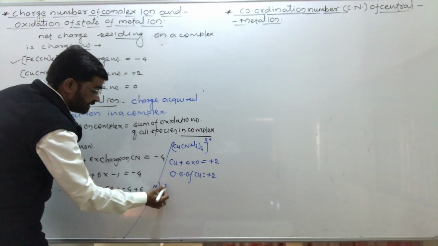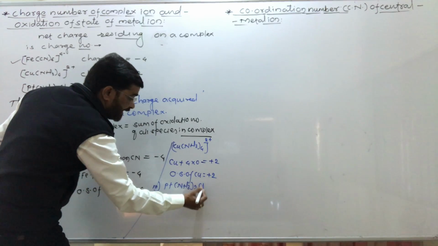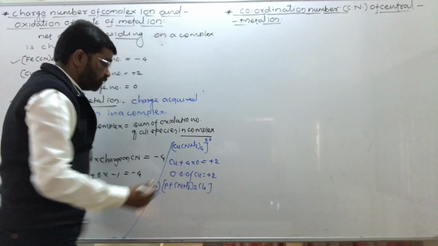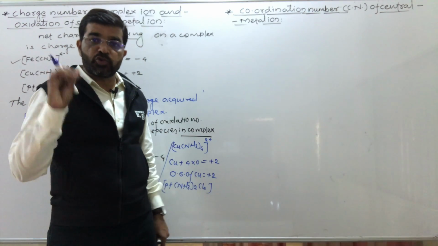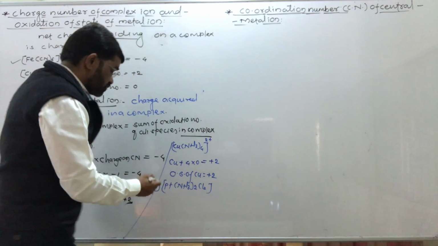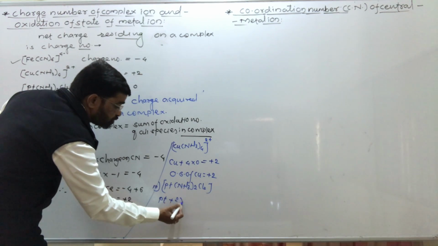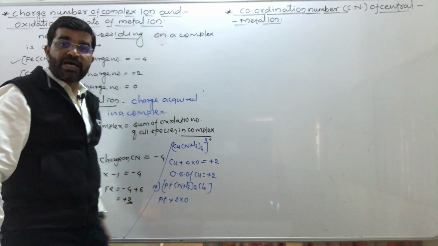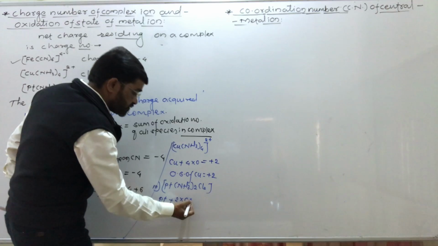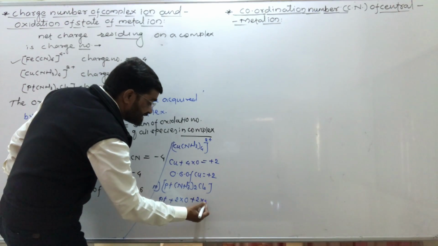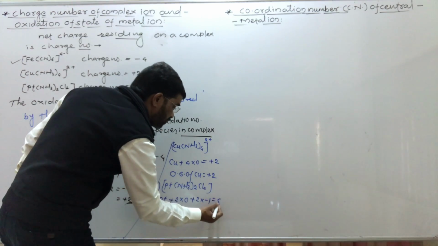Or we can take another example, that is platinum [Pt(NH3)2Cl2]. Now net charge on this complex is 0. This complex is a neutral complex. So here oxidation state of platinum plus 2 into charge on ammonia is 0, plus 2 into charge on chloride ion is minus 1, which is equal to 0.